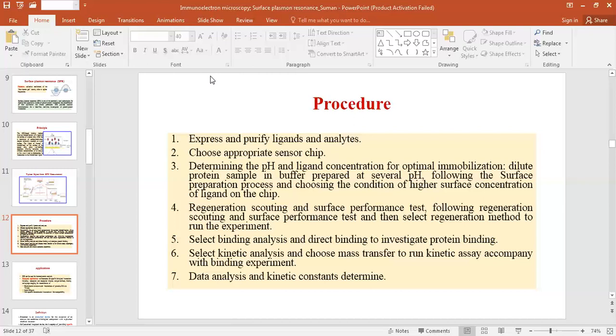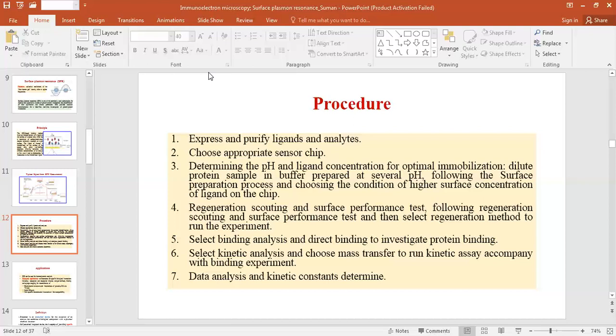The next step is regeneration scouting and surface performance test. Following that, you have to select a regeneration method to run the experiment. After that, we select binding analysis and direct binding to investigate the protein.